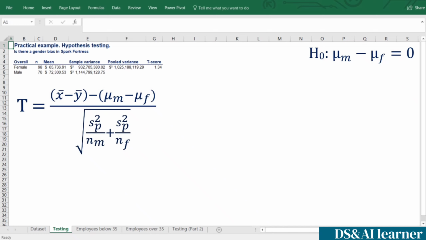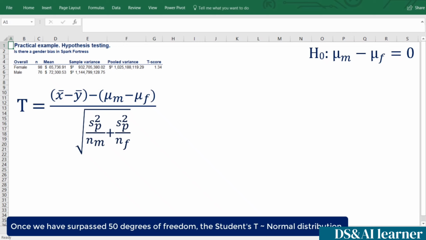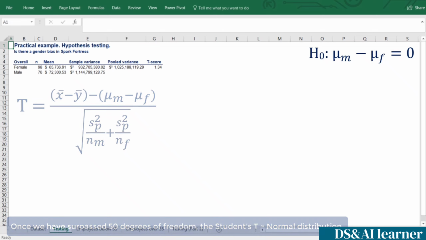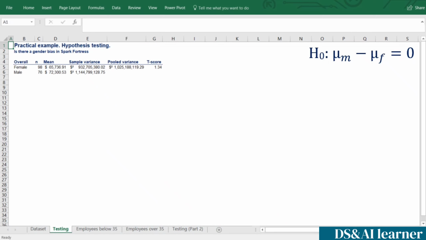As we said earlier, once we have surpassed 50 degrees of freedom, the student's t-distribution almost completely overlaps with the normal distribution. Thus, the p-values for a t-score of 1.34 and a z-score of 1.34 will be virtually the same. You already know how to use a p-value calculator, so I'll just give you the p-value.